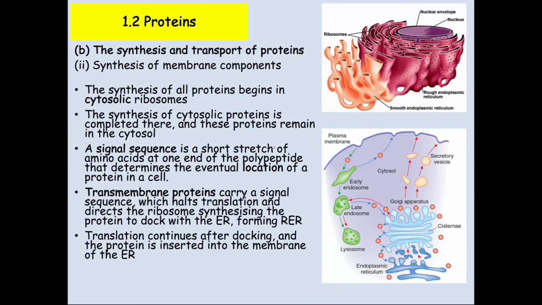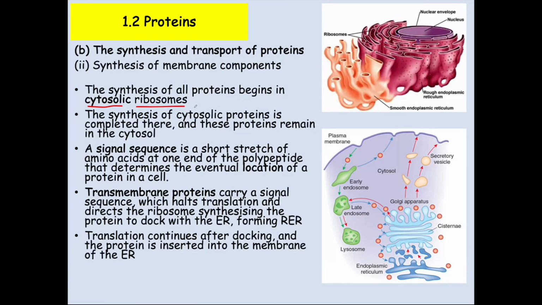So the synthesis of all proteins begins in the cytosolic ribosomes. Now this is probably what we would expect based on our previous knowledge of translation, for example, at higher level. Ribosomes are found within the cytoplasm and the cytosol, and they will be the starting point for the synthesis of all proteins.